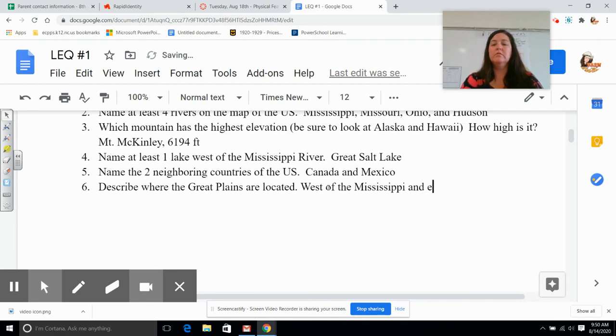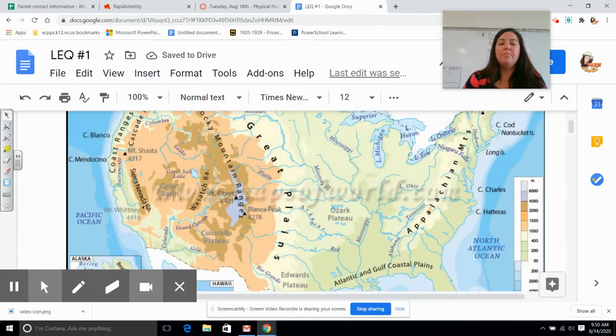If you were to go on a map that didn't have all of this information and didn't have the Great Plains on it, you could find the Rocky Mountains, you could find the Mississippi, and know that it was somewhere in between.